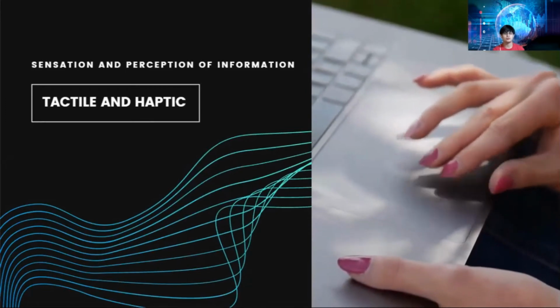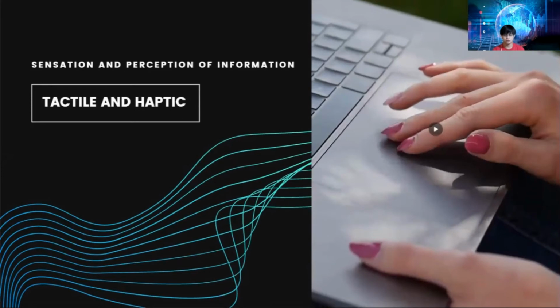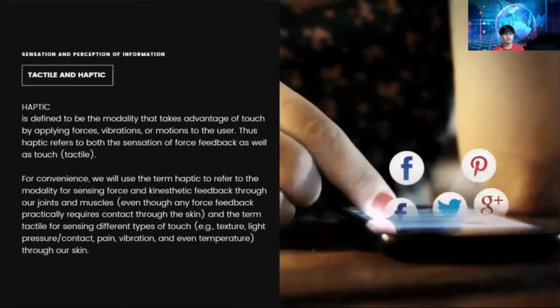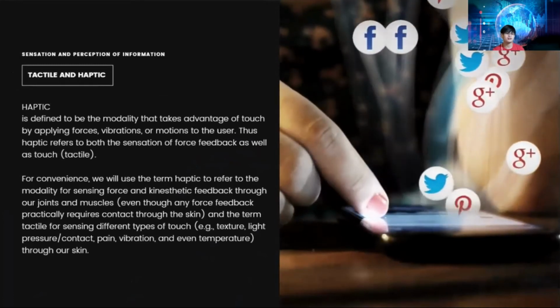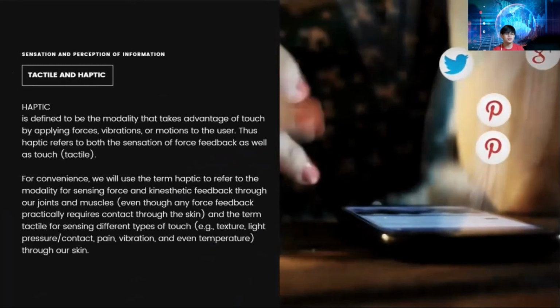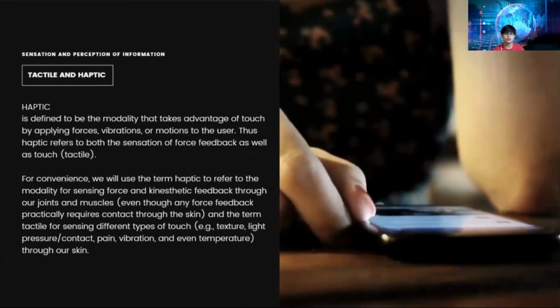Okay, so let's move on with the tactile and haptic. When we say tactile and haptic, it's all about the sense of touch. Haptic is defined to be the modality that takes advantage of touch by applying forces, vibrations, or motions to the user.